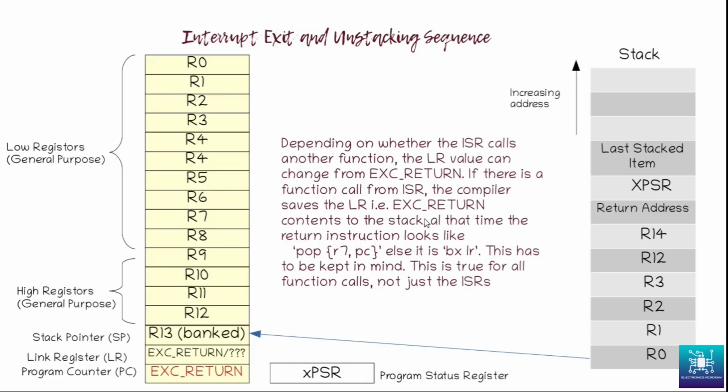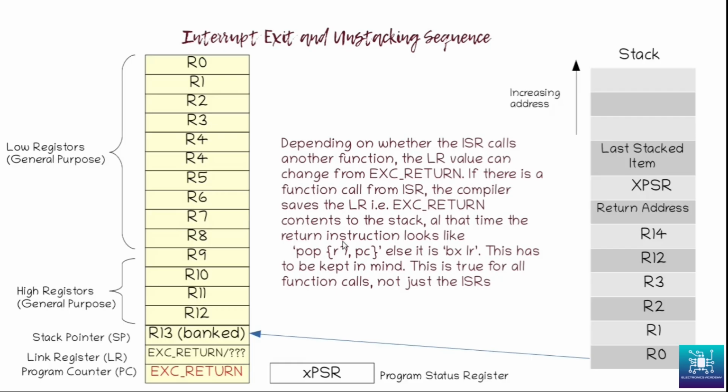So if you look at the disassembly of that particular ISR code, you will see an instruction like pop R7 PC. It would have been push R7 and LR before, just when the ISR would have been entered. We will see some disassembly and it will become more clear to us as to what really happens.